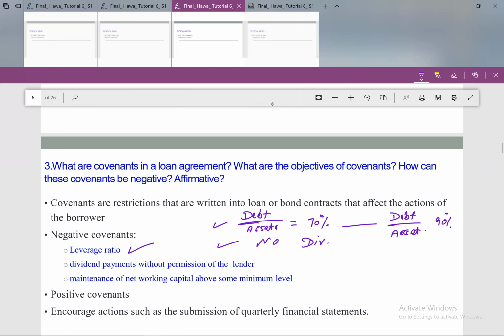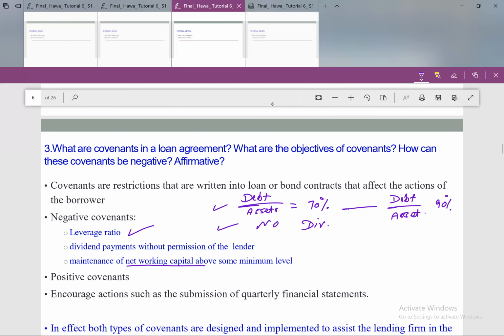So no dividends at all. And the third one, they will tell you to maintain net working capital. This is just to let you be sure that you are operating in a safe way, that you are not stuck with the operating capital and your operations are not stopped.